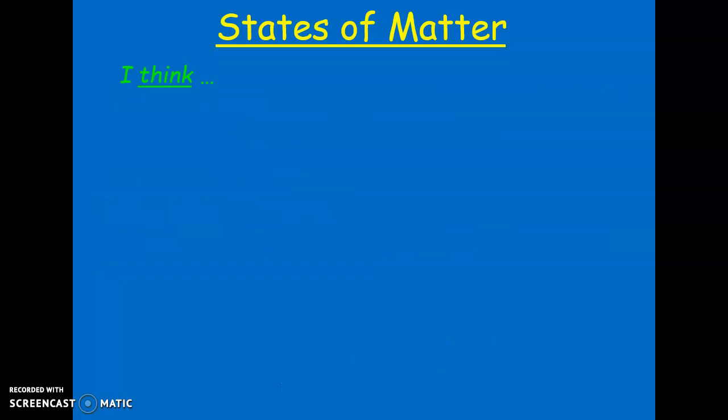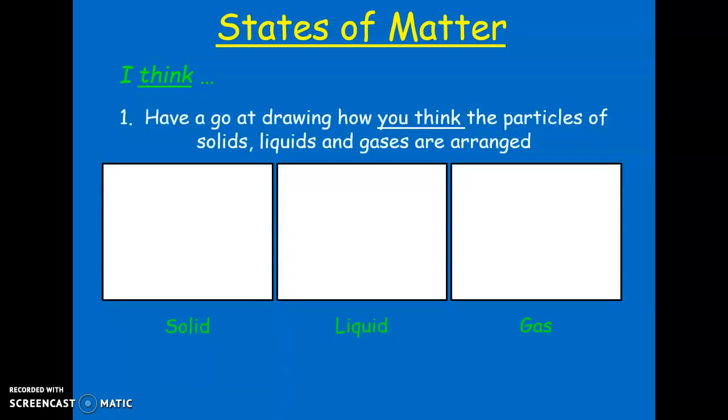Okay, so continuing, this is what I call the I think stage. At the I think part, I want you to have a go at what you think the particles of solids, the particles of liquids, and the particles of gases would look like and how they're arranged.